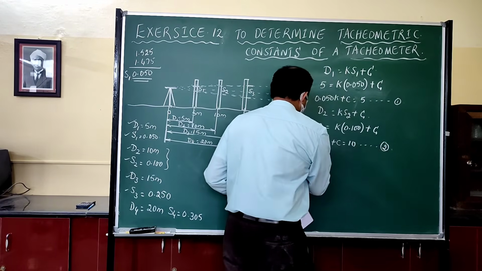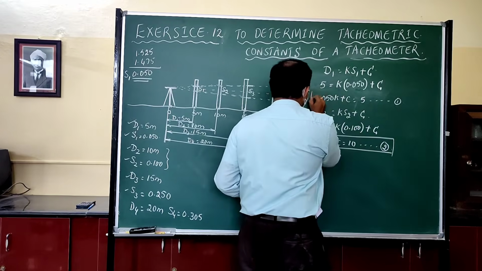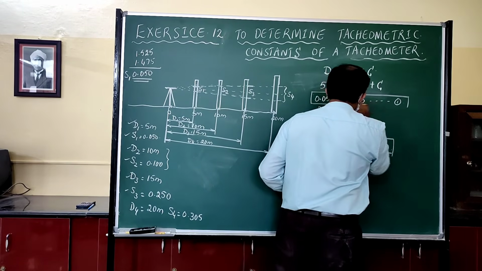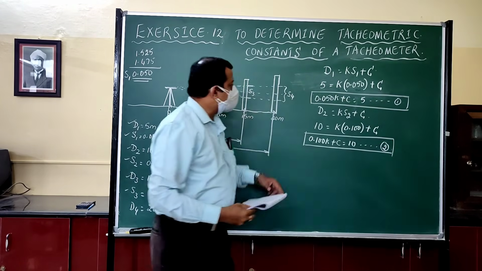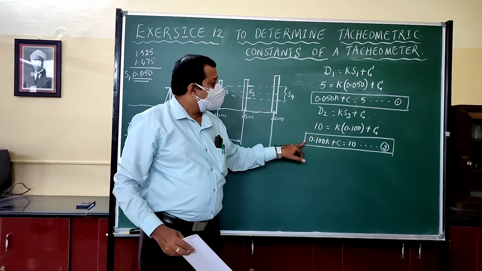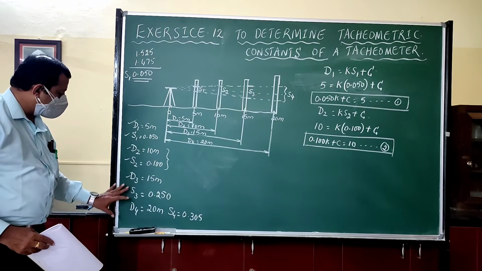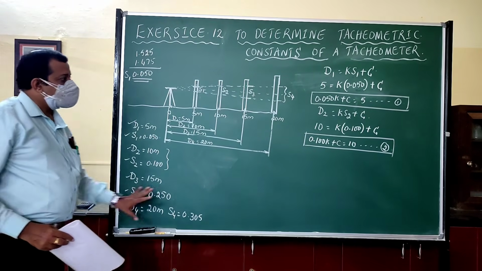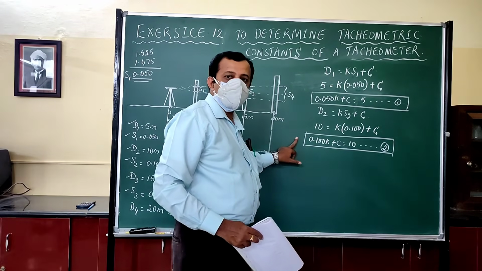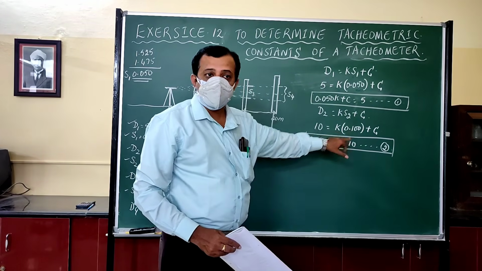Call this as equation number 2. Now, we have two equations, equation 1 and equation 2. These two equations we have to solve simultaneously, right? Similarly, you can frame another two set of equations for D3 and D4. First, let us solve these two simultaneous equations. Let us see the value of K and C, what we are going to get.